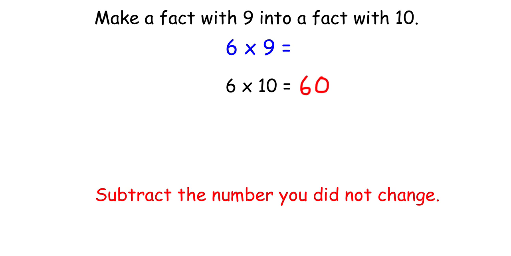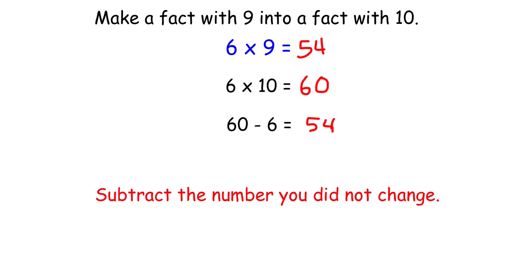What am I going to subtract? I added one set of what? Yes, I added one set of 6s, didn't I? So now I need to subtract that one set of 6. So 60 minus that one set of 6 gives us our answer of 54. And the answer to 6 times 9 is 54.